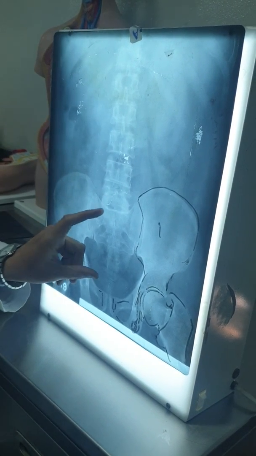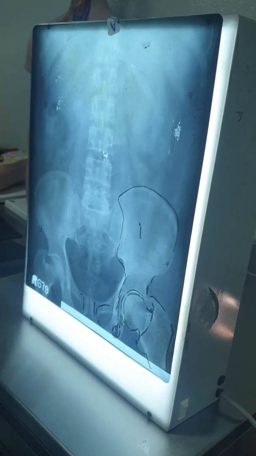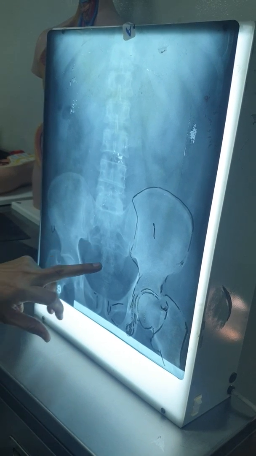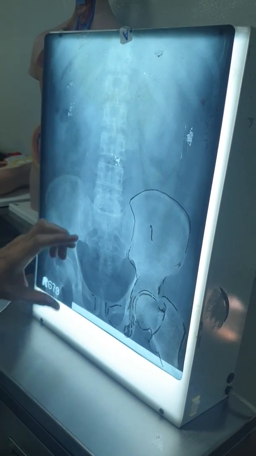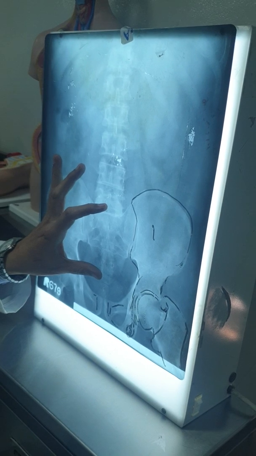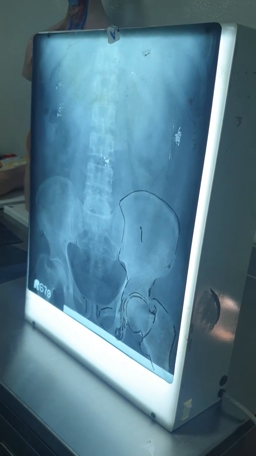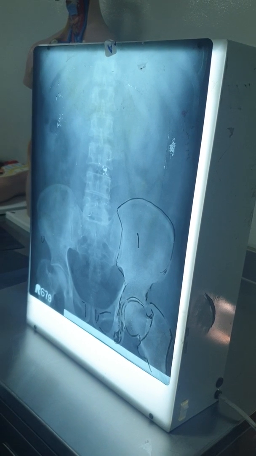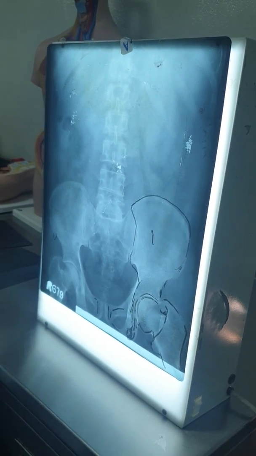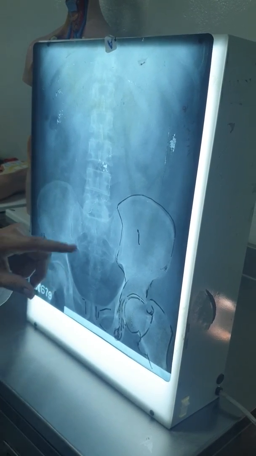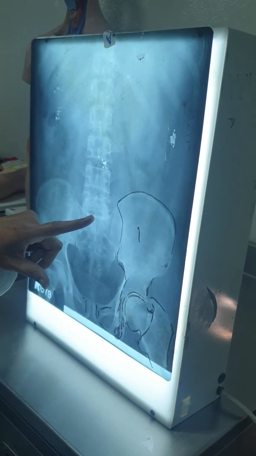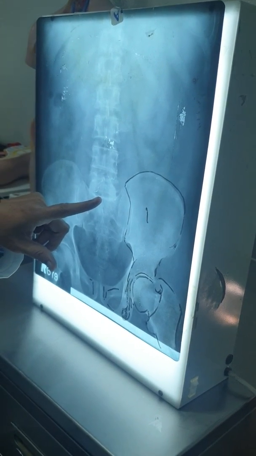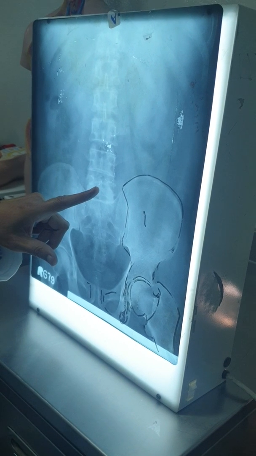Then the sacrum. This is the promontory of the sacrum, and these are the anterior sacral foramina. The bodies of the five sacral vertebrae all fuse to make one bone called sacrum. You know, there are some abnormalities. Sometimes the first sacral fuses with the fifth lumbar.